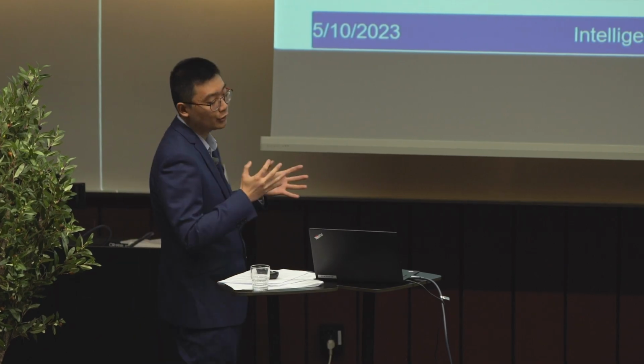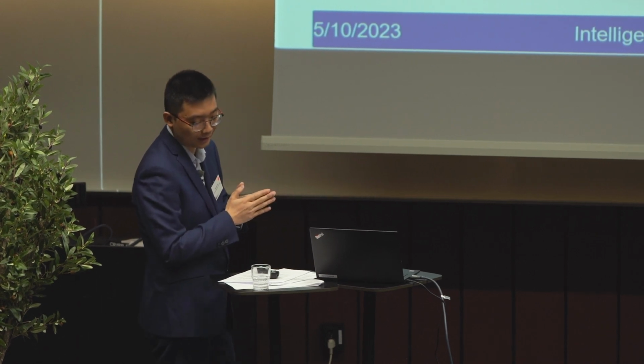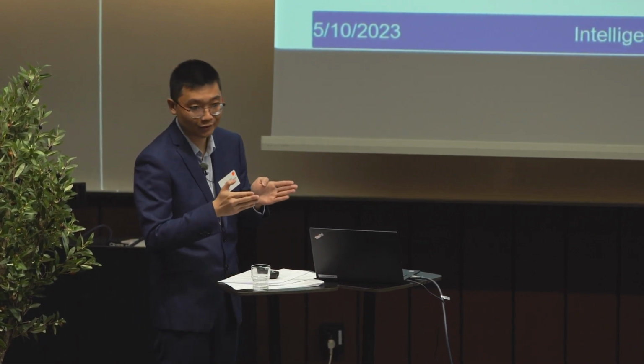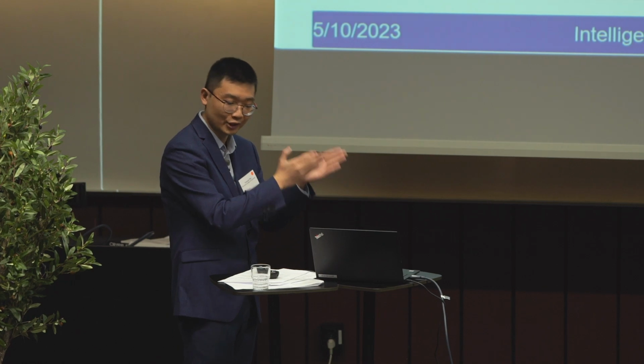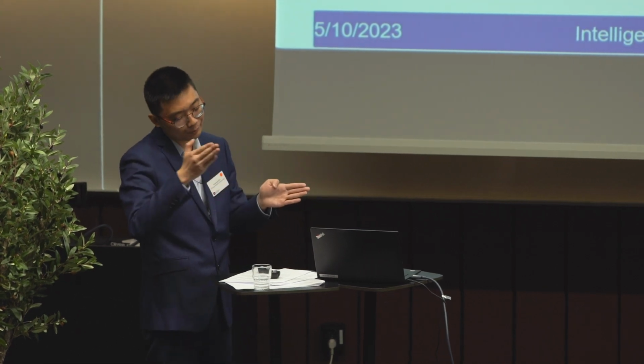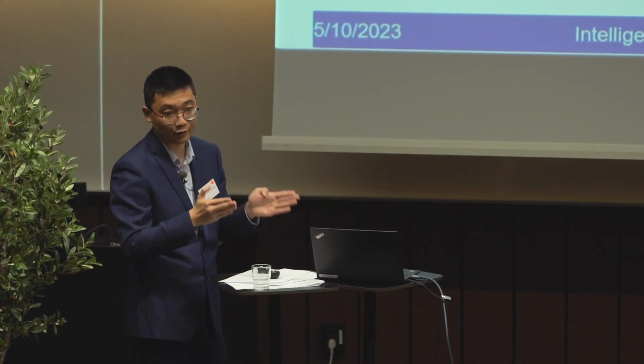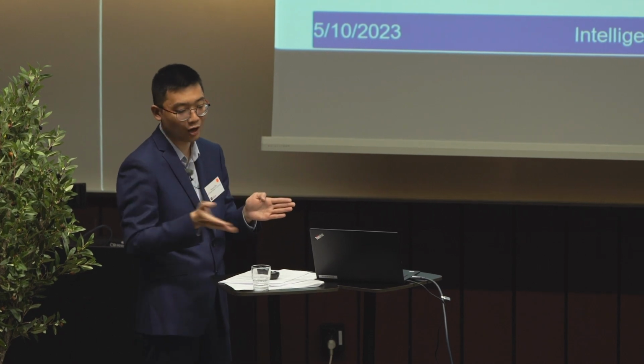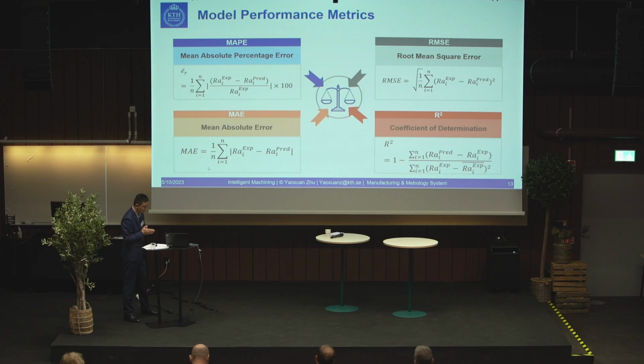They all try to correlate the surface roughness that we measured during the machining processes with the predicted value of the surface roughness, which is the outcome of our surface roughness prediction model.